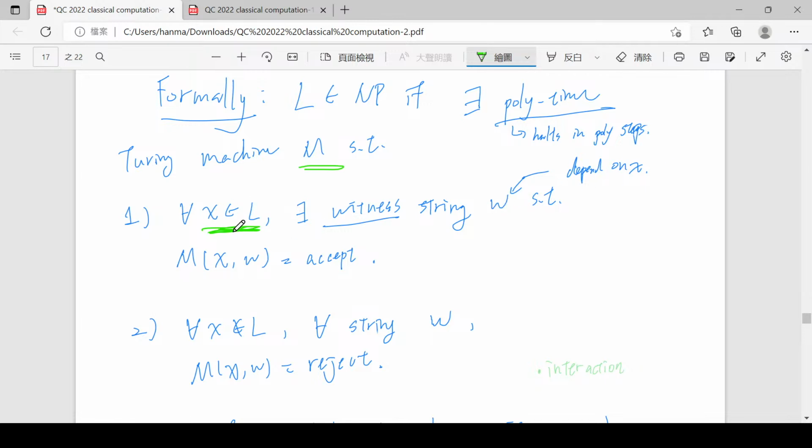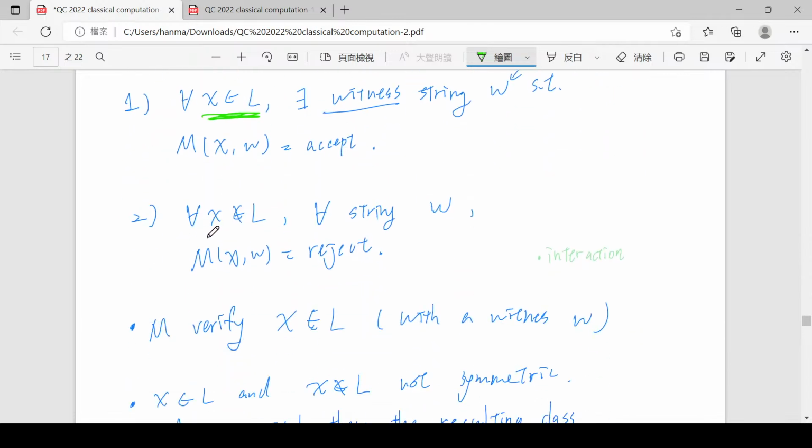This witness can depend on your input. Then this efficient checking algorithm will look at your input and the witness and say, okay, yes, this input is good.